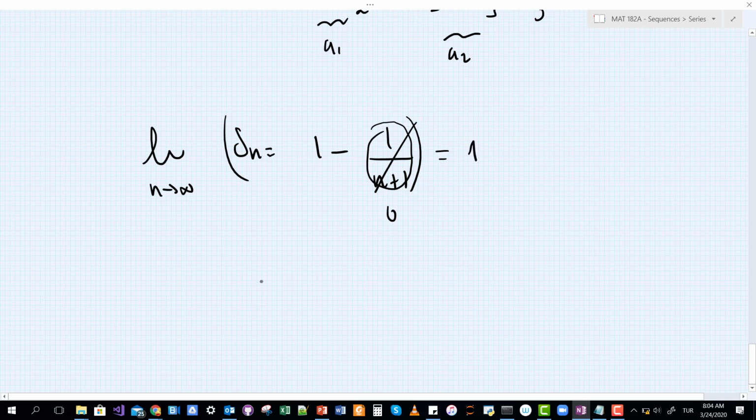I found the sum of my series, since it is the limit of the sequence of partial sums. And I know from the definition that the limit of the sequence of partial sums will be equal to the sum of the series. So it is going to be equal to 1. So that's the end of the question.